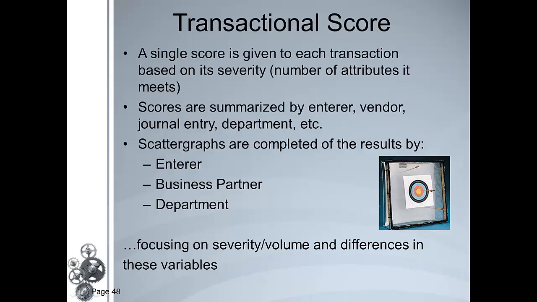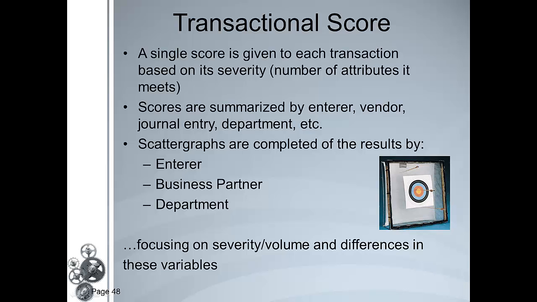And because of that, I can start to identify those words that have the most interesting nature to them and align them to the people that are entering those words. So enter, business partner, department are the people, and I can relate based on a score who are those people that are throwing off a lot more of these types of strange word and letter combinations.